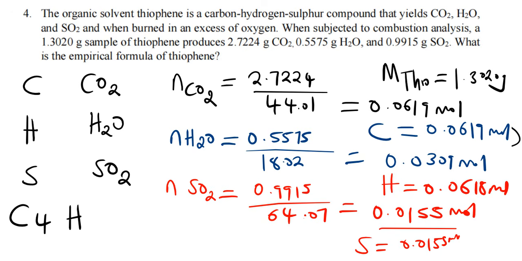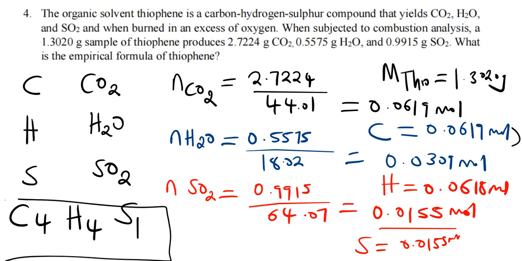I'm getting about 3.99, roughly 4. Then for sulfur, since we're dividing by the smallest one, sulfur is just going to be 1. So this is the empirical formula for thiophene. That is our final answer for this compound.